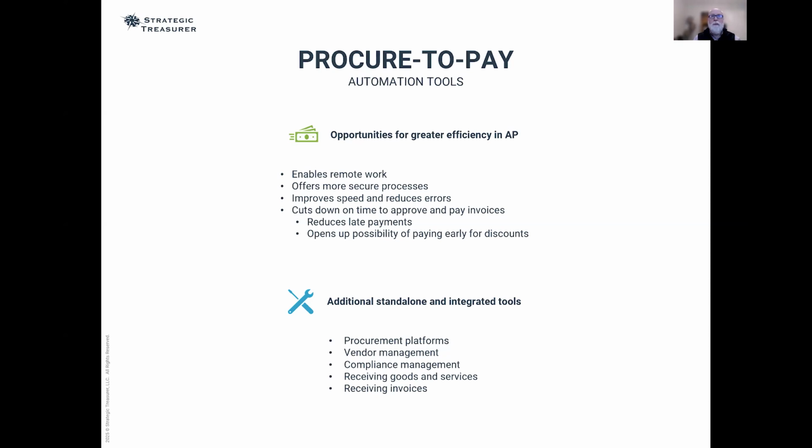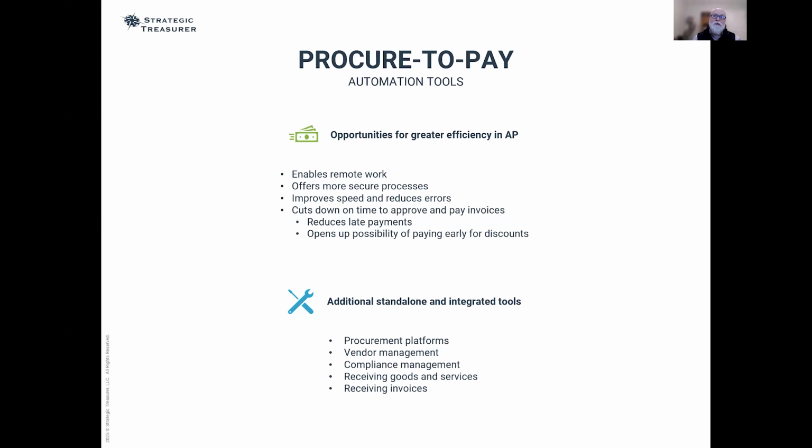You think about the ability to work remotely and securely process your accounts payable. These procure to pay processes can help you with the automation and the security of the payment process, speeding up how things are done in terms of approval and processing.